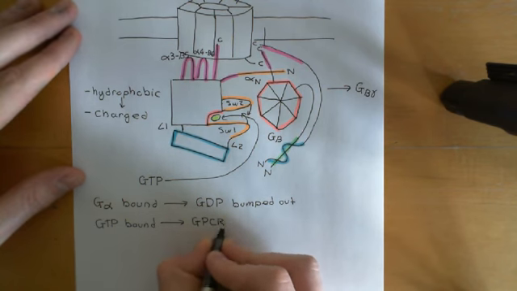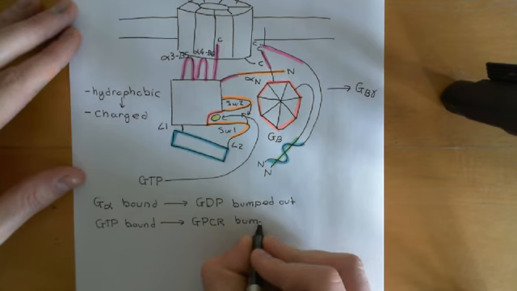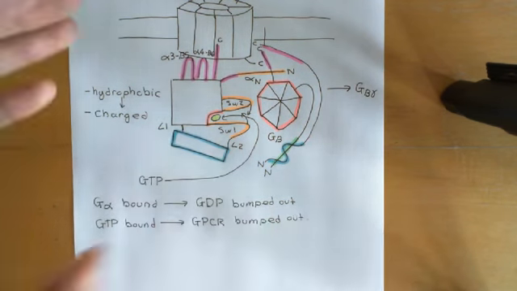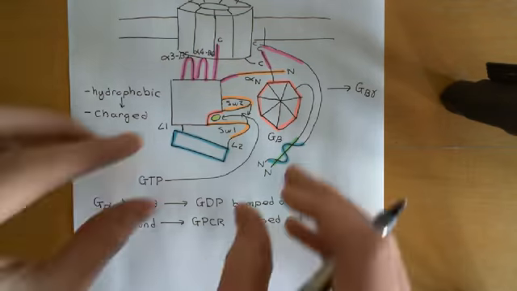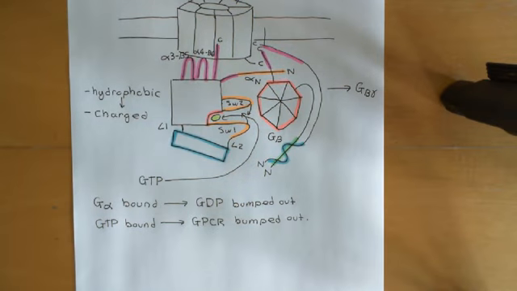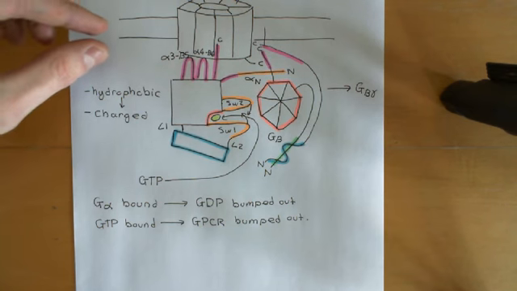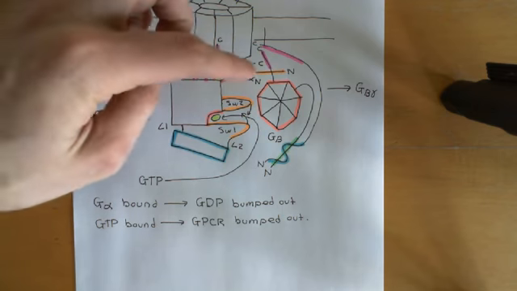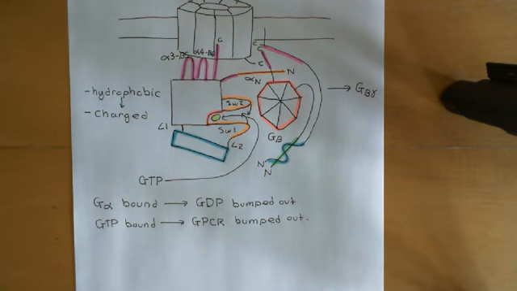So the GPCR is now bumped off, and that cleaves the alpha subunit off the G protein coupled receptor, and again it now goes off on its own, basically. And it again will remain attached to the underside of the phospholipid bilayer by the lipid moiety that's attached to the amino terminal end of the alpha subunit.